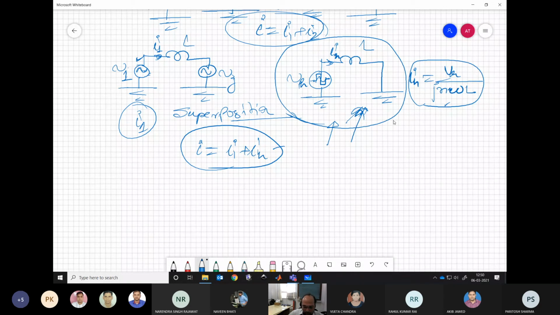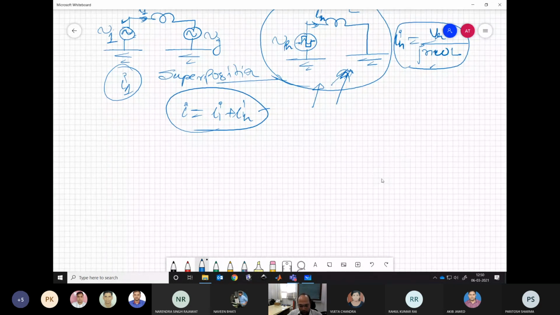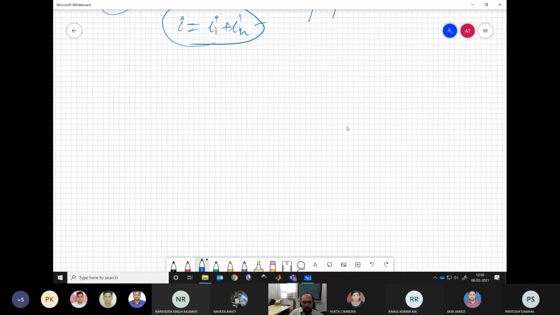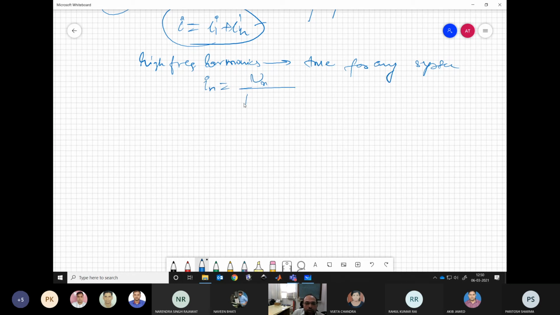So this is in general true for any system, and the principle that we have given for the system, that the higher harmonics or the high frequency harmonics are okay to be in the system. This is true for any system. So because this is universally true.